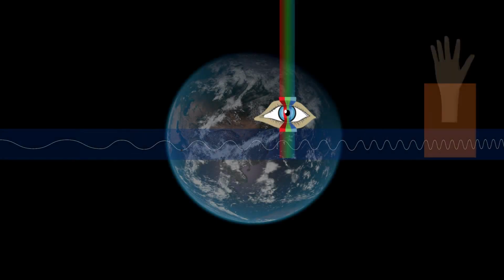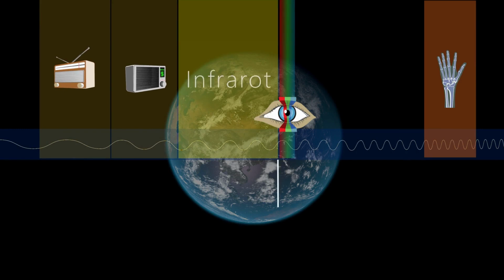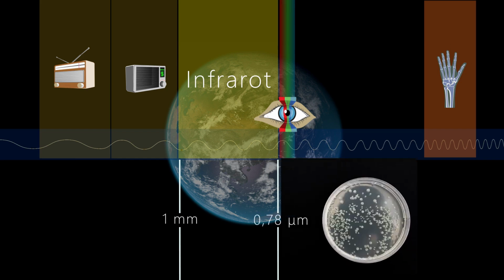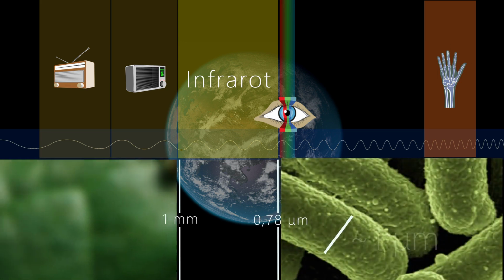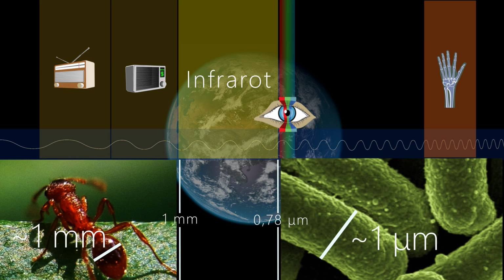Let's take another look at the electromagnetic spectrum. The infrared range in the electromagnetic spectrum is bordered by visible red light and microwaves. Electromagnetic waves with wavelengths between 0.78 micrometers and 1 millimeter are referred to as infrared.